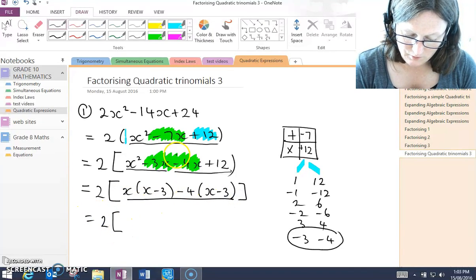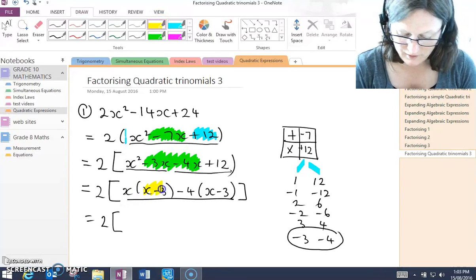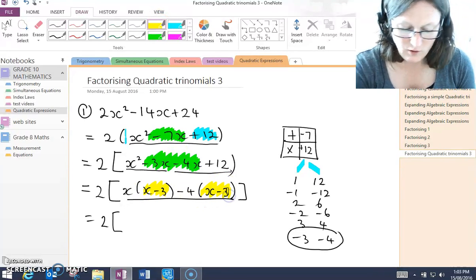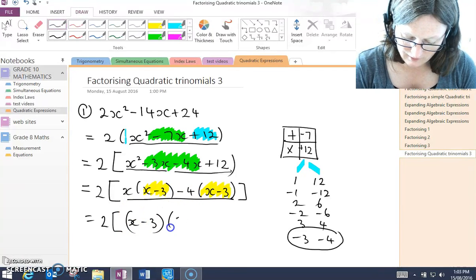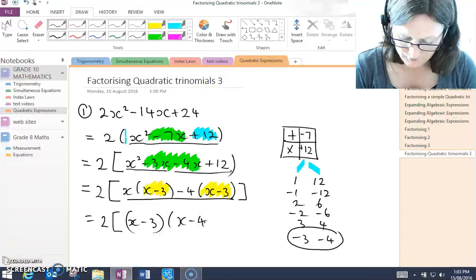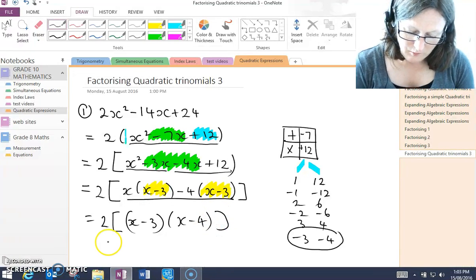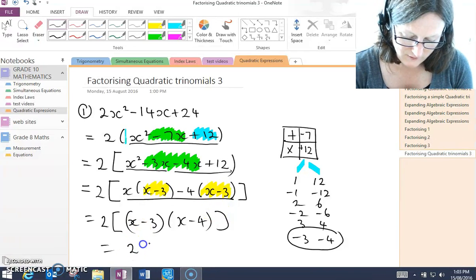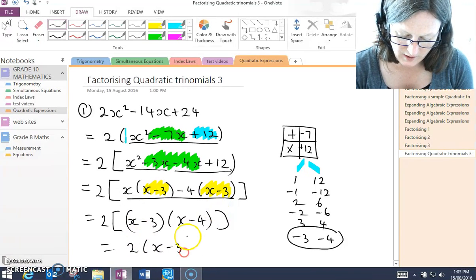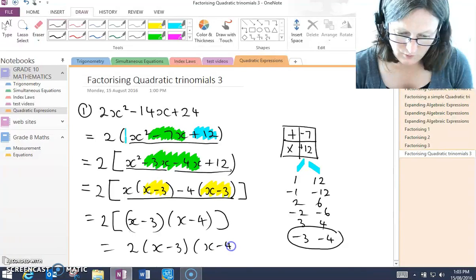I look at the two terms I have. With the two terms that I have, x minus 3 is common to them both. So I take the x minus 3 out, and leftovers is x minus 4. So the answer is 2, x minus 3, x minus 4.